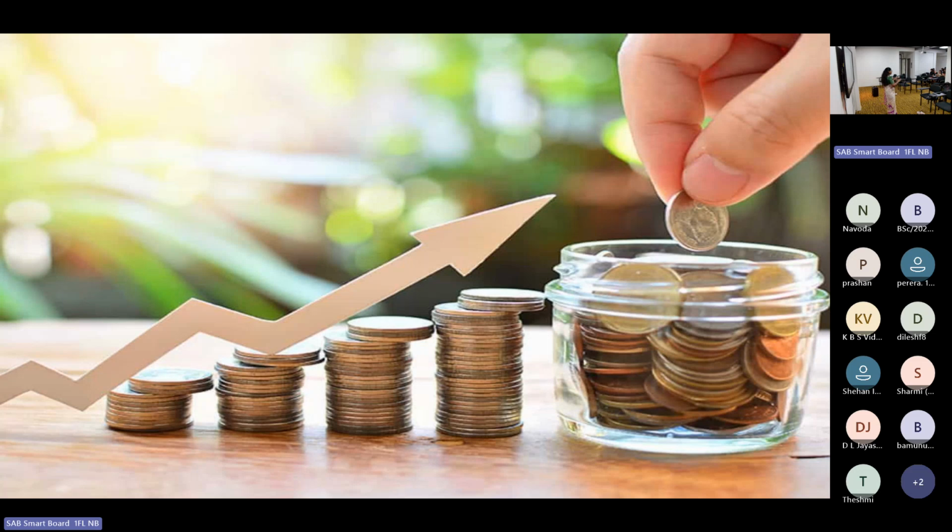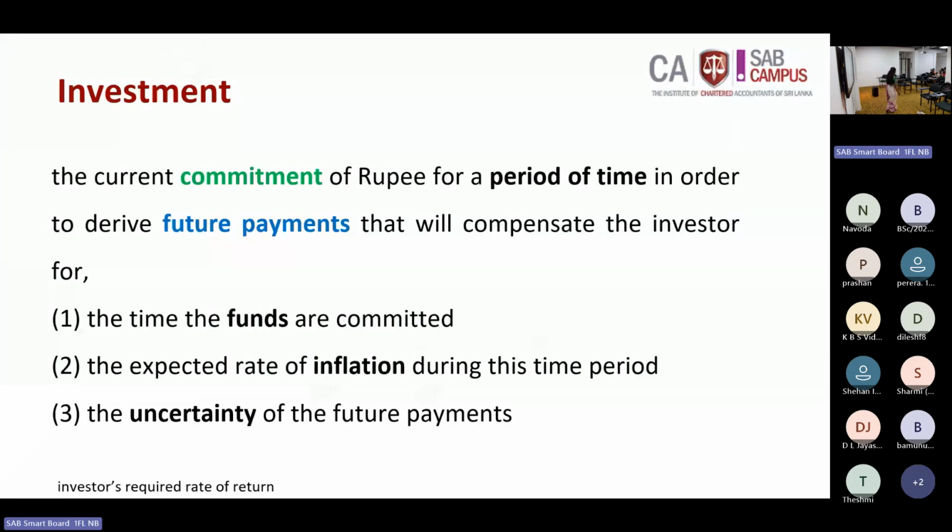So first identify what you mean by investment. What is investment? Sacrifice of current funds for the future economic benefit, or else sacrifice of current funds with the expectation of future economic benefits.